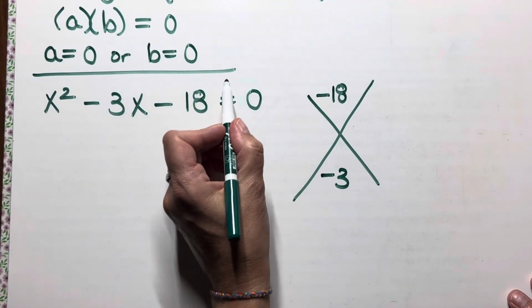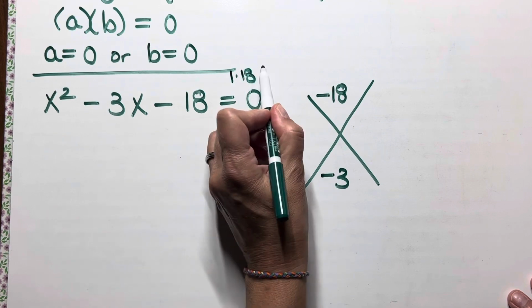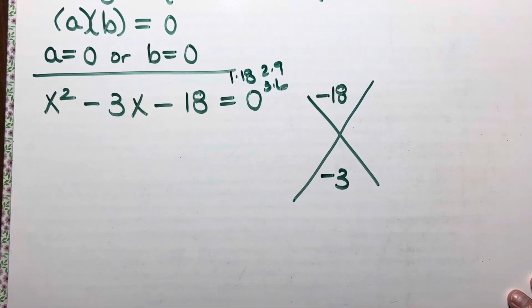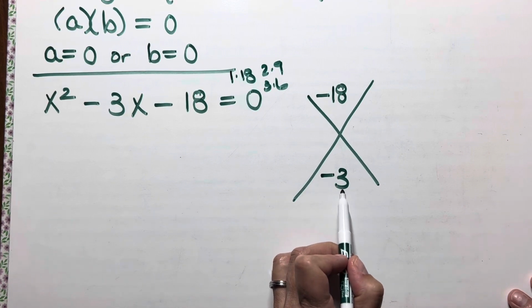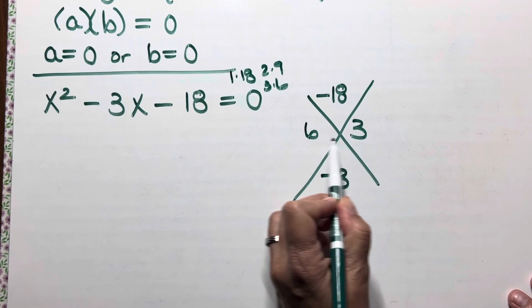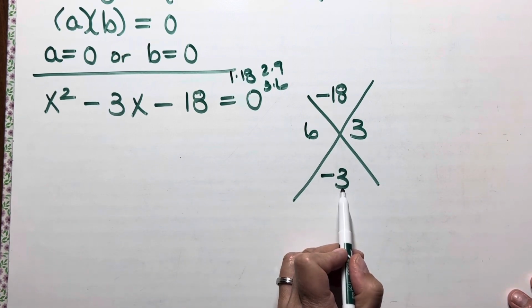I can list out the factors of 18: 1 times 18, 2 times 9, and 3 times 6. I think I'm going to choose 3 and 6 because if I subtract 6 minus 3, I'm going to get 3. And now I just have to worry about my signs.